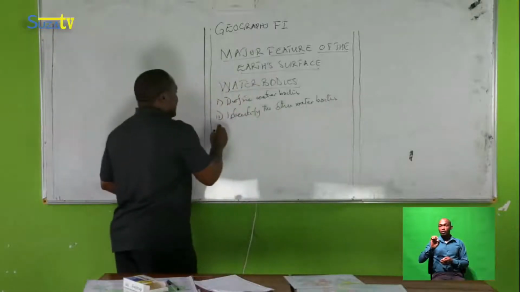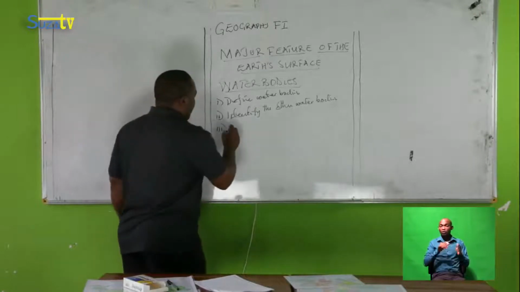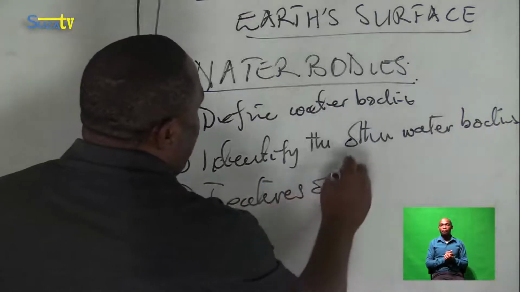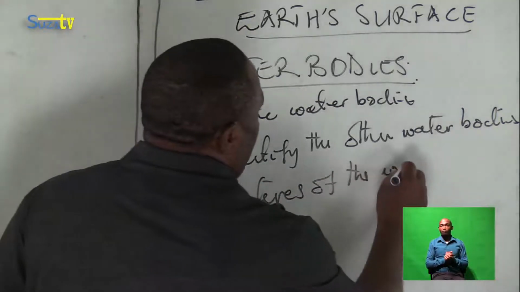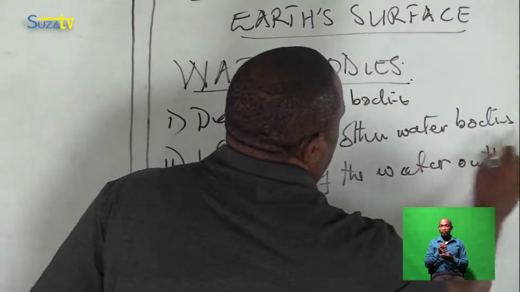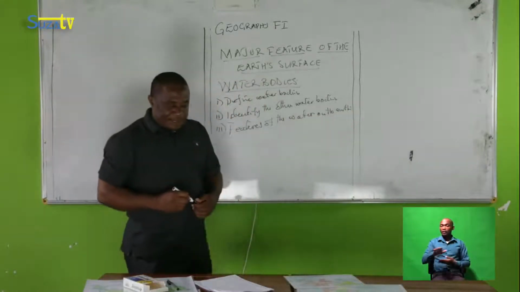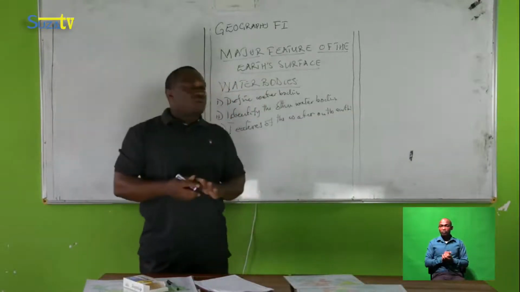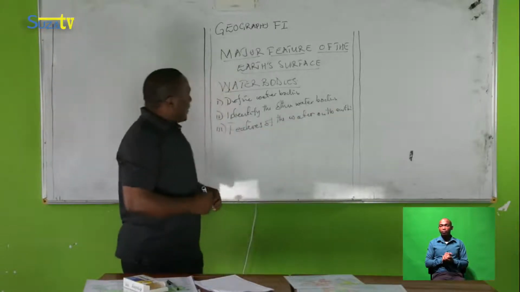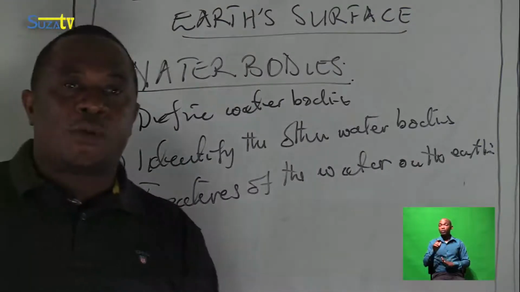And thirdly, look at the features of the water bodies on the Earth's surface. Here, when we say the features of the water bodies, we mean the features of the ocean water. So my students, let us begin with what water bodies are.